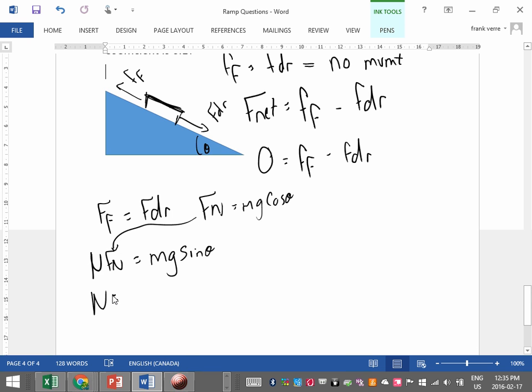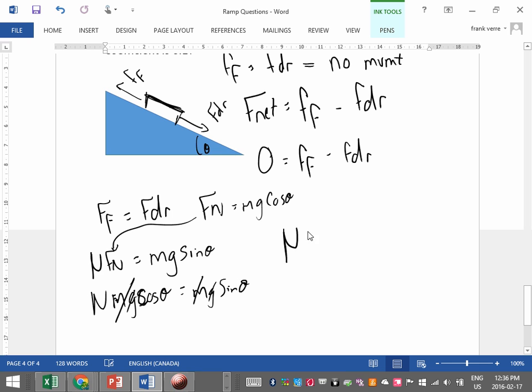Mu mg cosine theta is equal to mg sine theta, right? Because Fn is mg cosine theta. What do you notice? Mg cancels out.